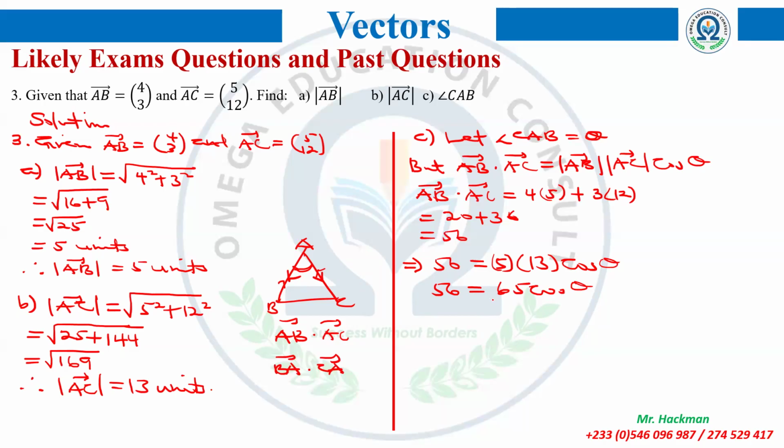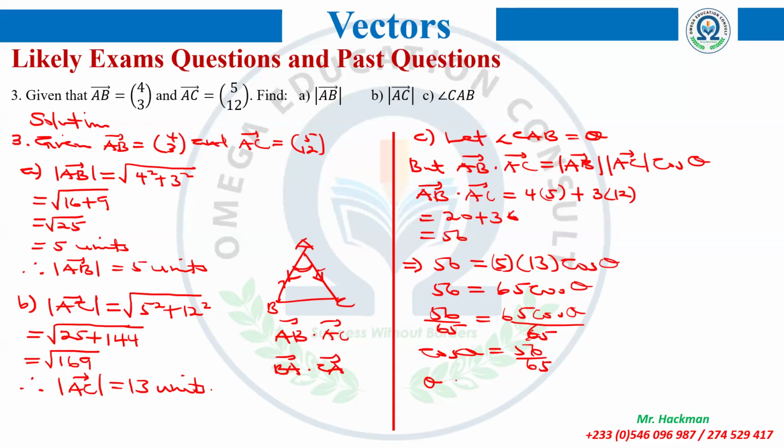At this point, you are looking for theta. So you write it again and you divide. 56 over 65 is equal to 65 cos theta over 65. So I'm going to get cos theta equal to 56 over 65.